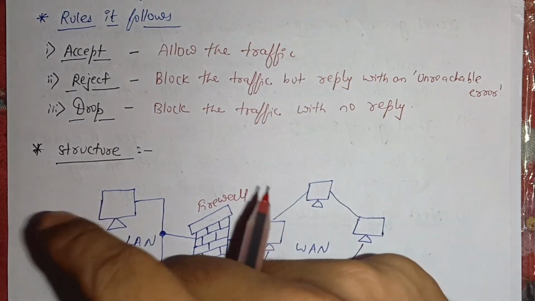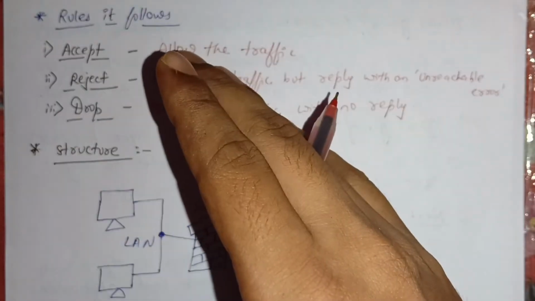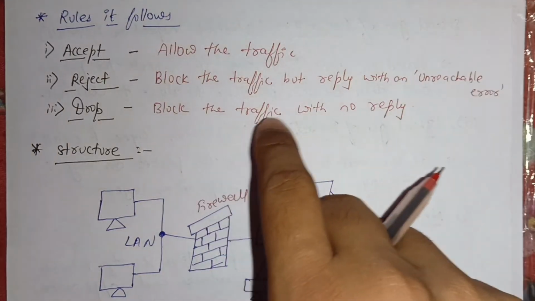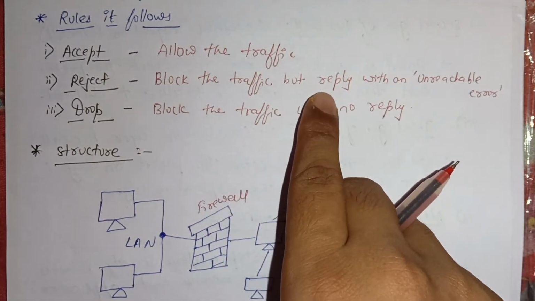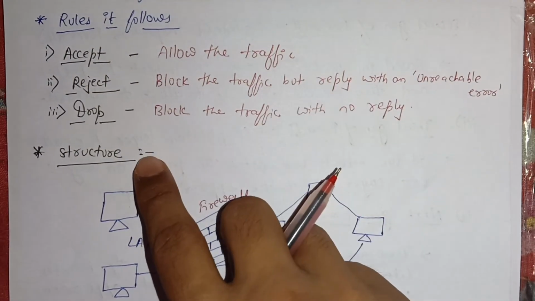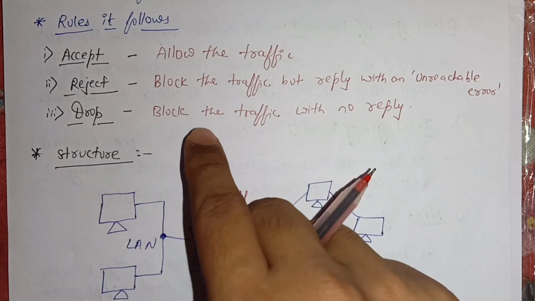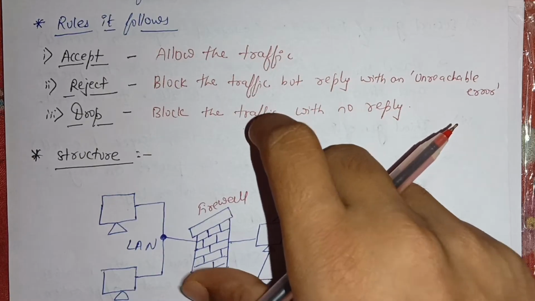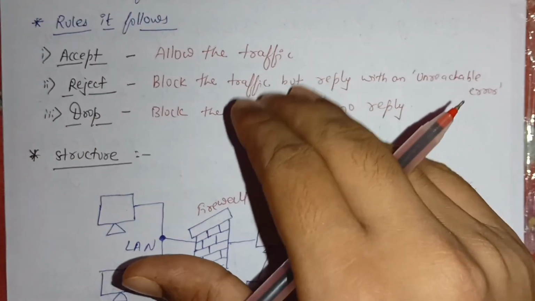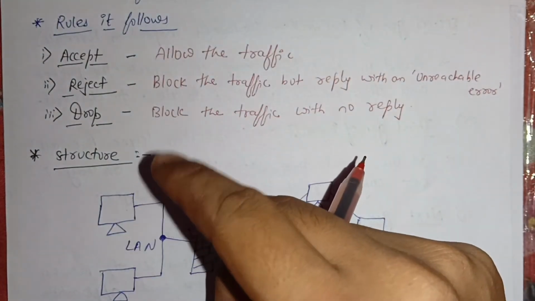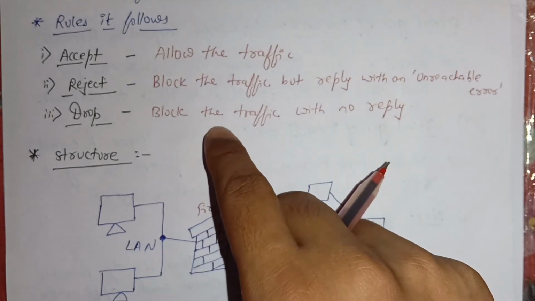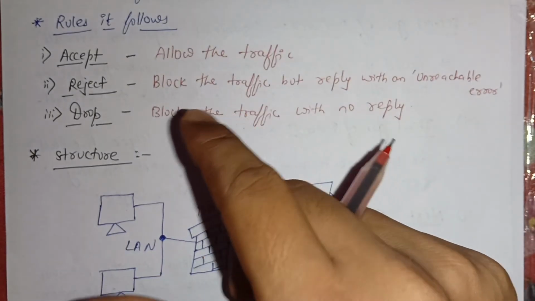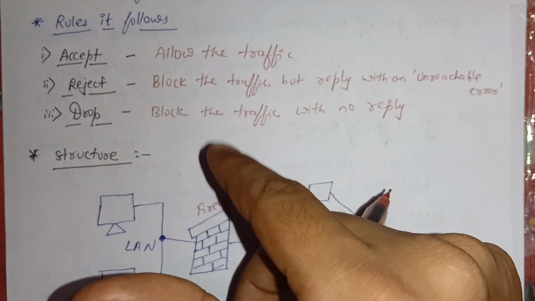Means it is not giving access to that website or to that app. Third one is drop. Simply it blocks the traffic with no reply. So it follows these three rules, and based on them it gives access to the user. It depends on the firewall whether the access is allowable or deniable.